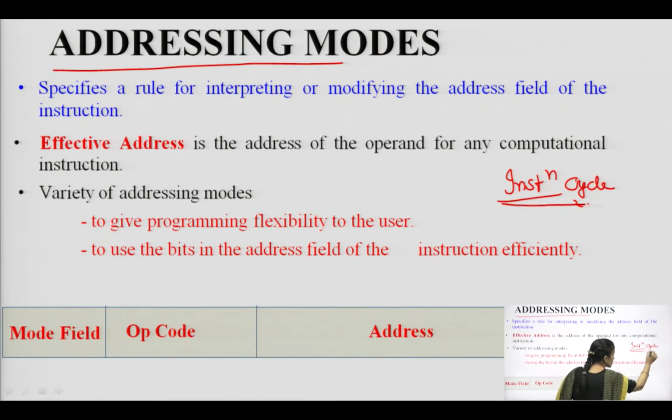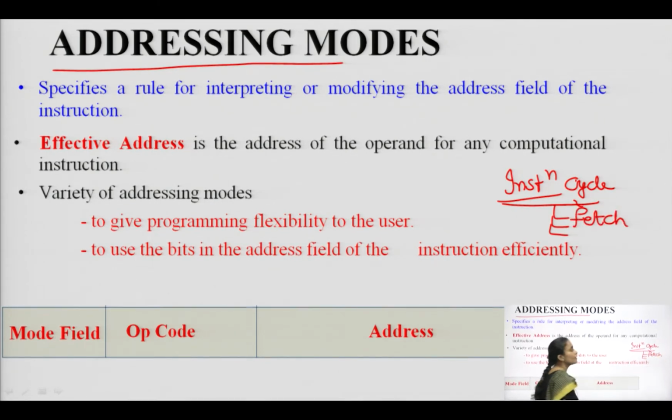This instruction cycle consists of three major phases. First, the fetch phase, when the instruction is being fetched, from where? According to the present value of the program counter. As the instruction is fetched, the PC gets updated.